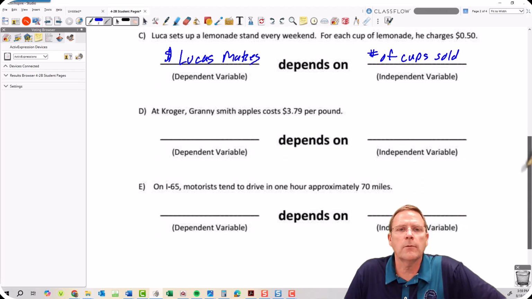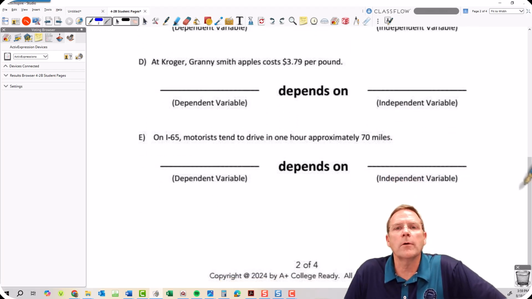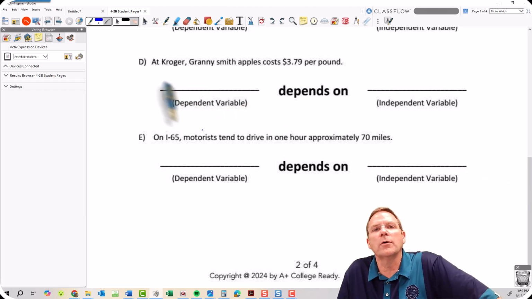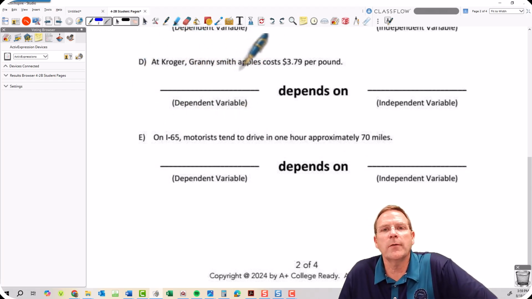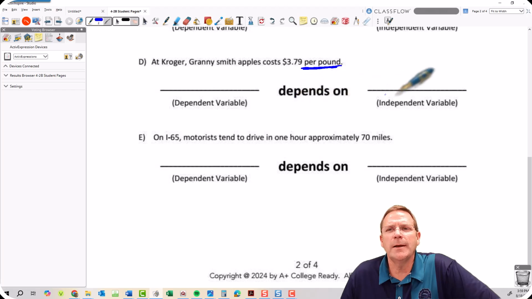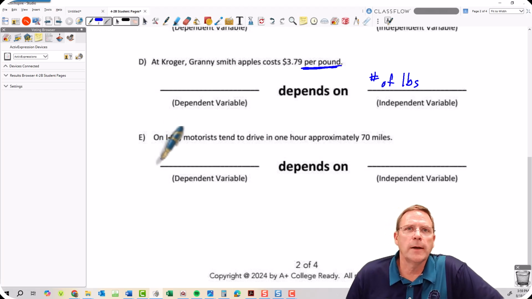Now we've got Granny. At Kroger, Kroger's one of those Yankee grocery stores. At Kroger, Granny Smith apples cost $3.79. There it is, per pound. And that per pound, that is going to be the independent variable because that's going to be the number of pounds. And pounds is abbreviated LBS.